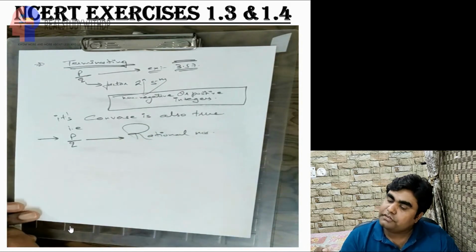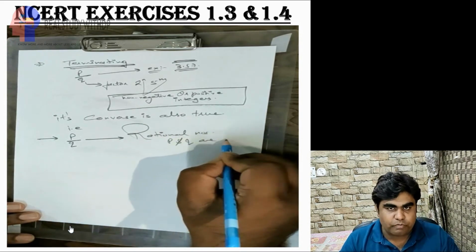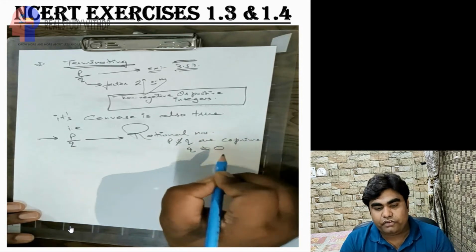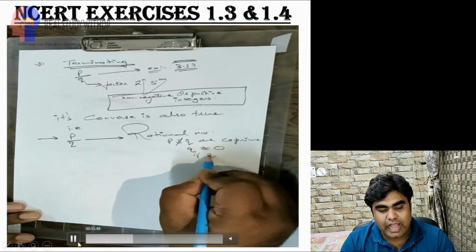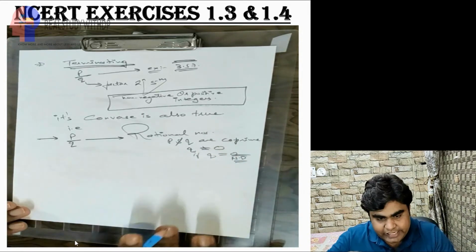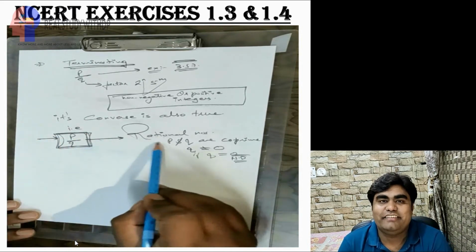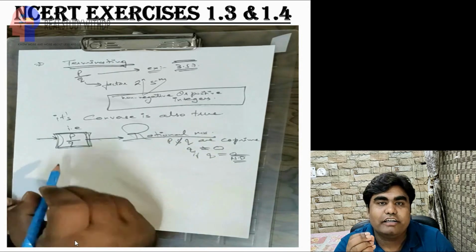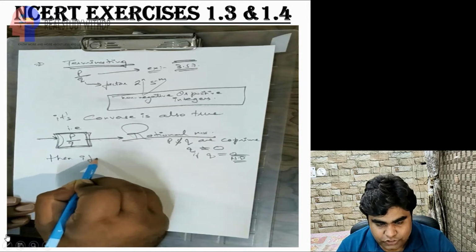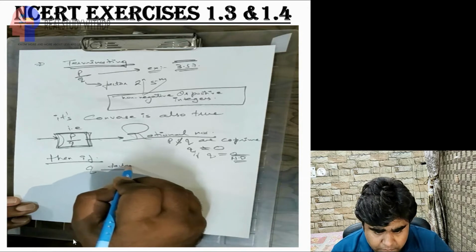That means if we have a rational number in p by q form, and the q part has a prime factorization of 2 and 5 only, then we can directly say that the rational number p by q is actually a terminating kind of number. So its converse is also true. I hope you have understood what I meant by that.